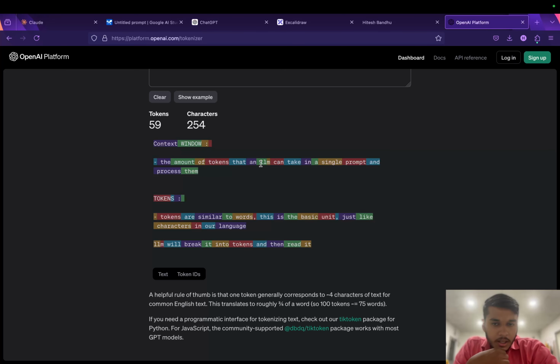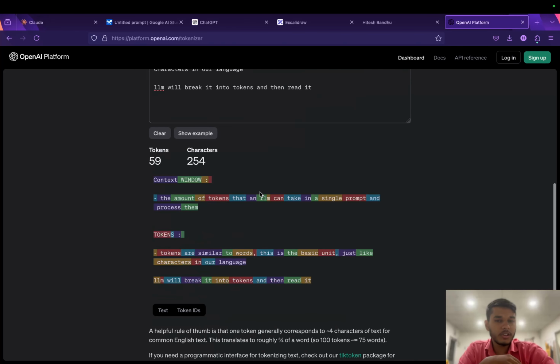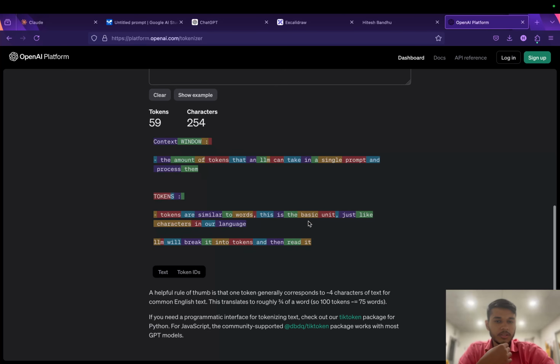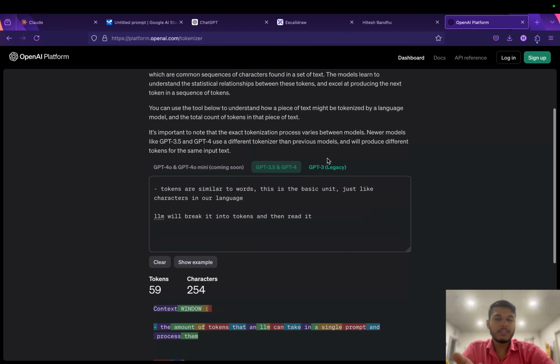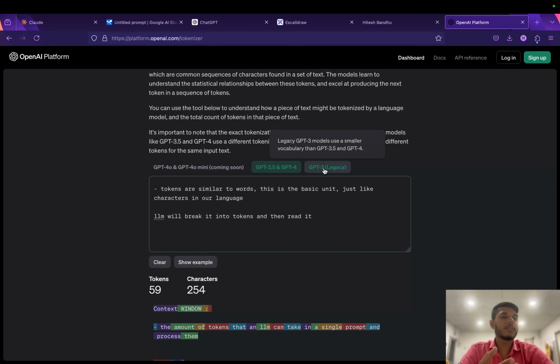Now look, how I am reading LLM is as one word for me, but space LL is one token for it. M is another token for it. So this is the basic unit. Now it is taking LL and then M. It will break it into tokens and then read it. Now, different types of models have different types of tokenizers.